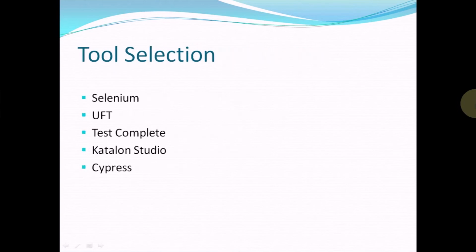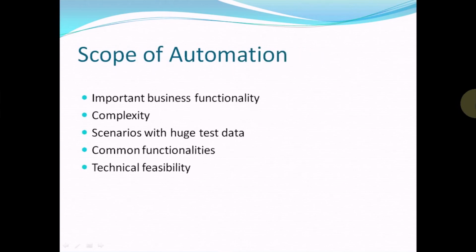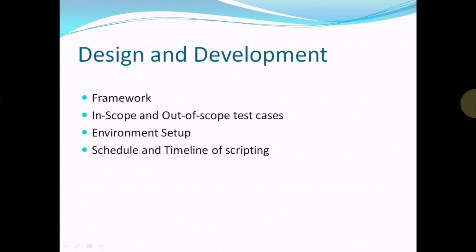Once we finalize the tool selection and scope of automation, then we go for design and development. Here we select the framework, and we already decided the in-scope and out-of-scope test cases. We need to set up the environment: what supporting software is required, how many resources are required for a particular application.